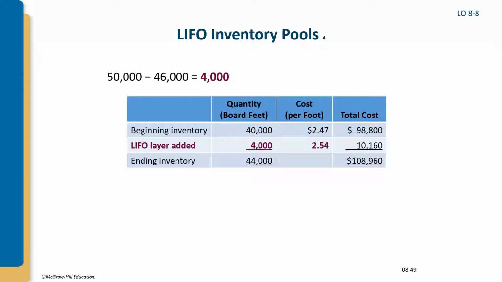These are the only things usually left at the end. Instead of using the actual cost for those 4,000 and maybe having a problem with LIFO liquidation or just being too complex to figure out, just average those pools together and use an average cost per pool. And it simplifies your LIFO.